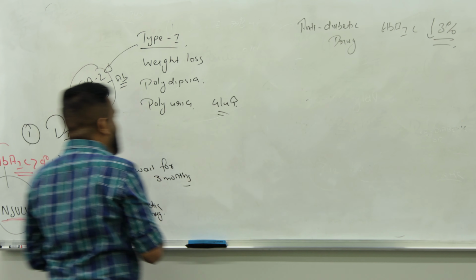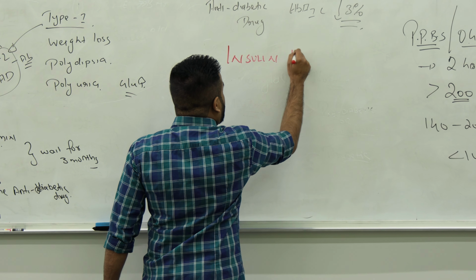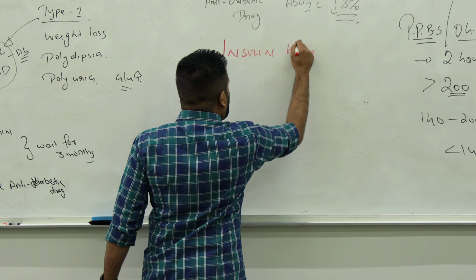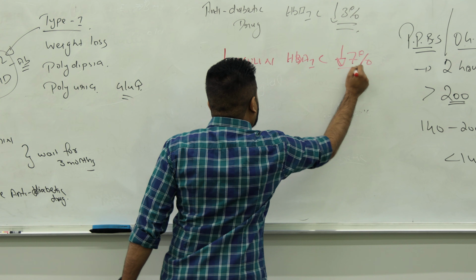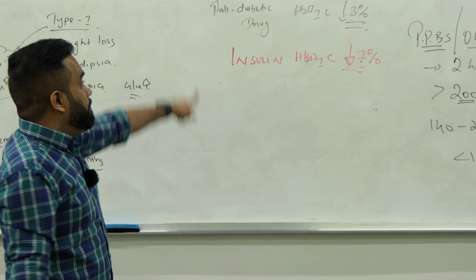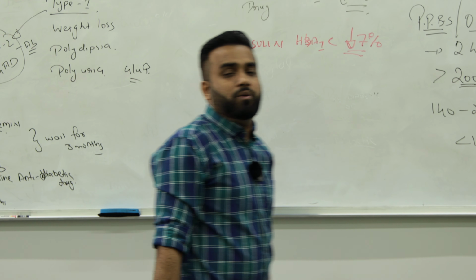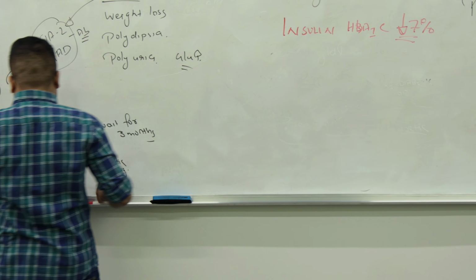But if I give a patient insulin, my God, insulin does a big work. It can decrease your HbA1c by around 7%. But anti-diabetic drugs will be decreasing only by what? 3%.